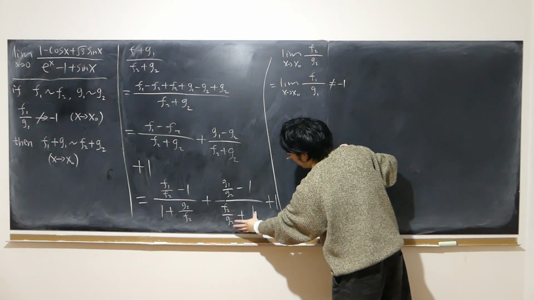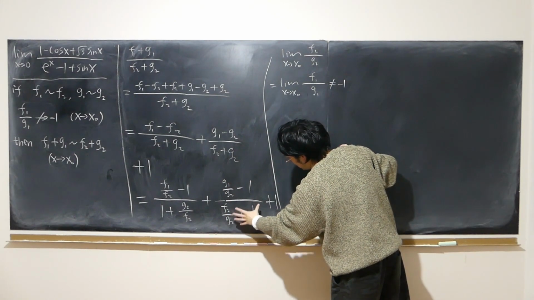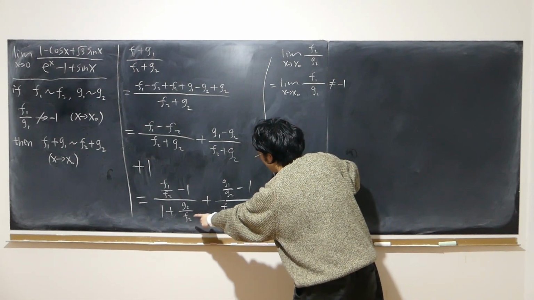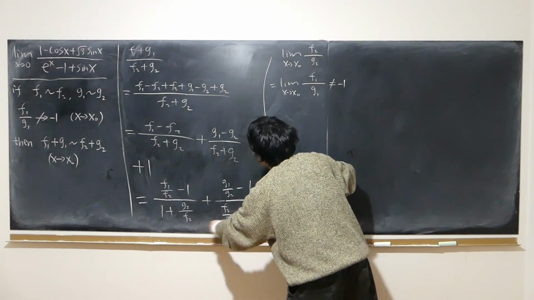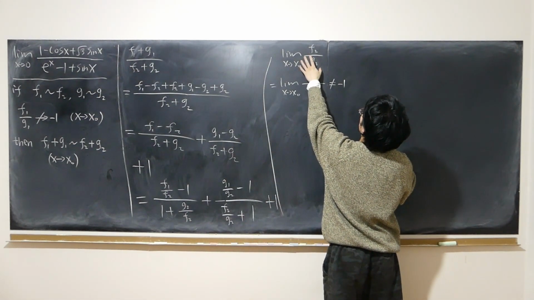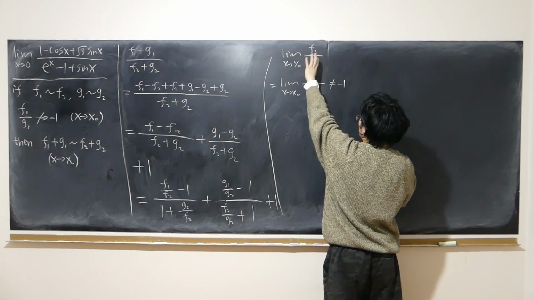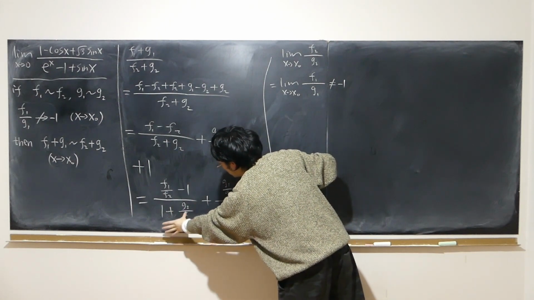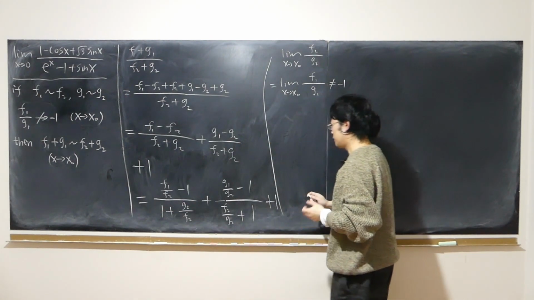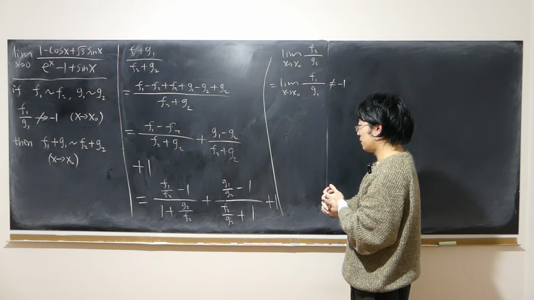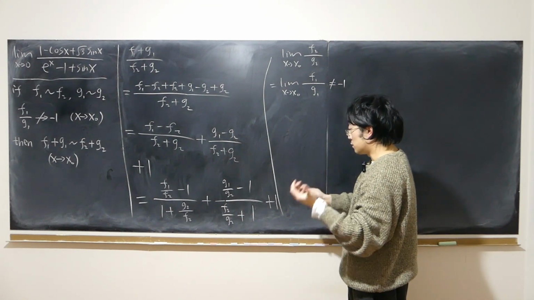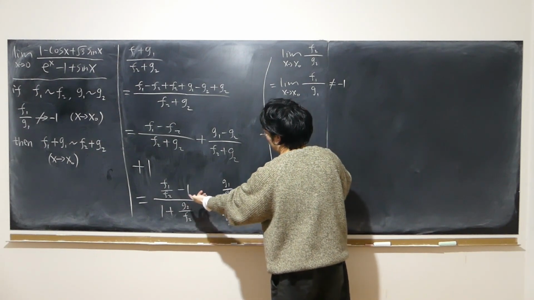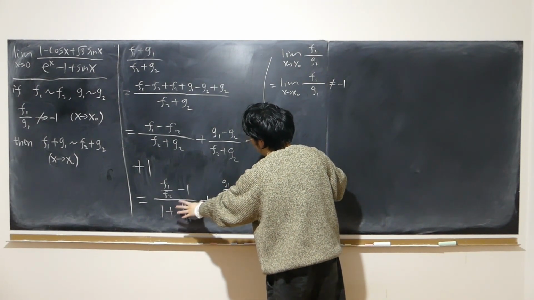So the bottom cannot approach 0. Likewise, g2 over f2, just flip them upside down, still cannot approach negative 1. So this bottom cannot approach 0 either, meaning we cannot have an undetermined type of 0 over 0. No, we won't have that.